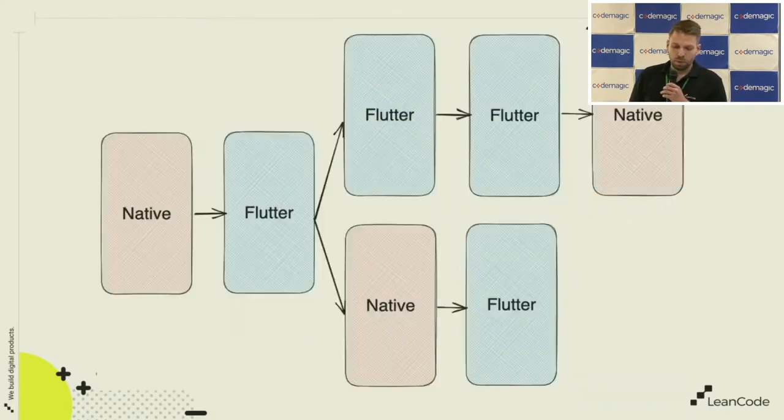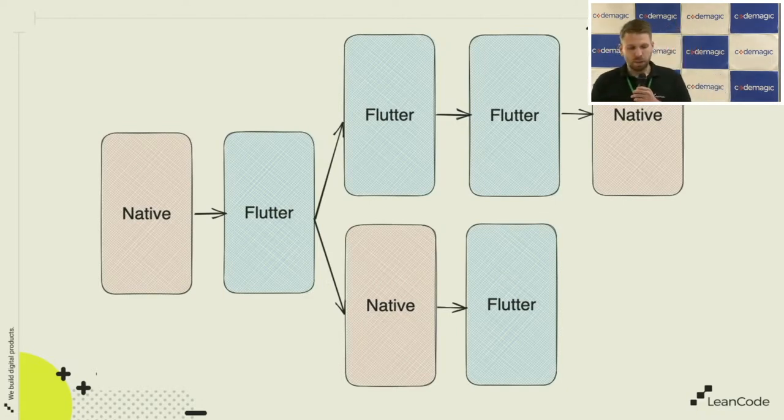But there are some more complex scenarios. Imagine you have some native screen, then you have some Flutter screen, and from that Flutter screen you can either go to another Flutter screen or a native screen, and from that native screen, like at the bottom, you can move to another Flutter screen. So basically your navigation paths are mixing native and Flutter views.